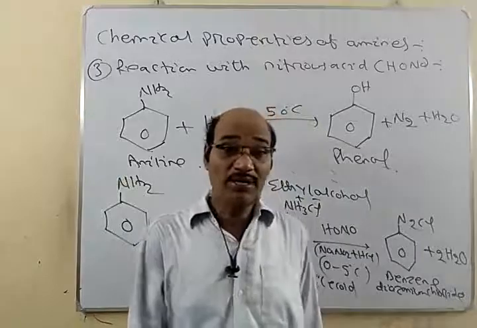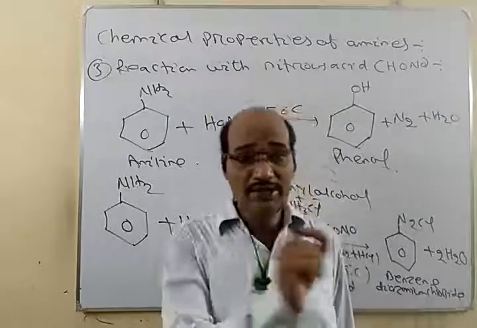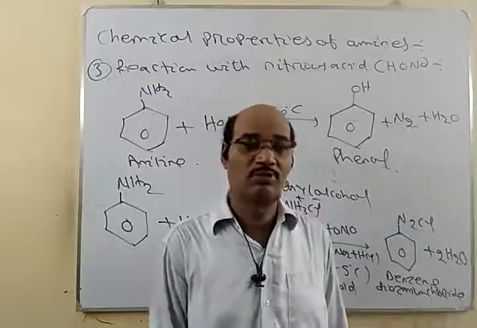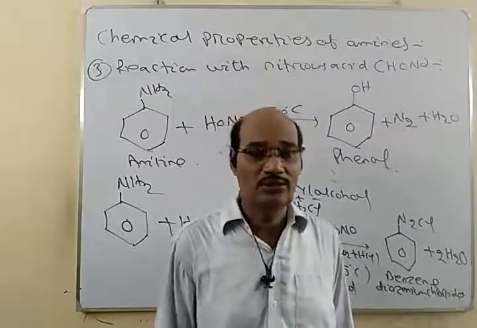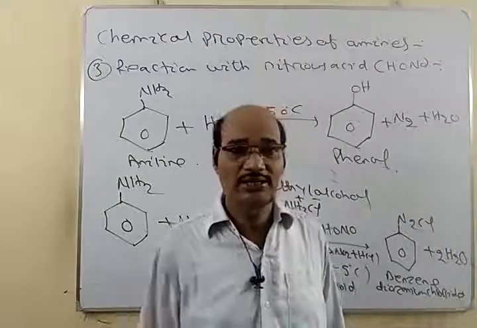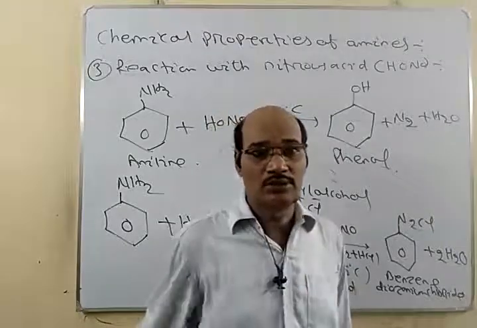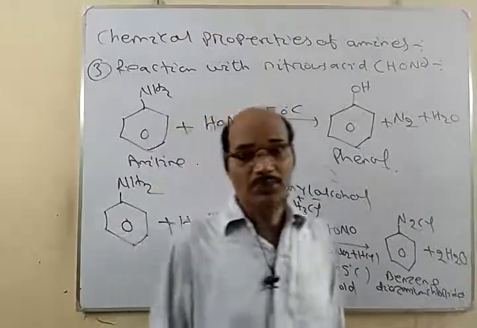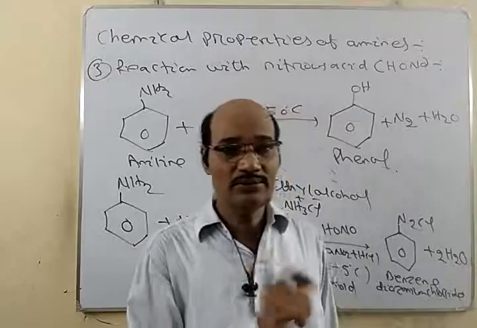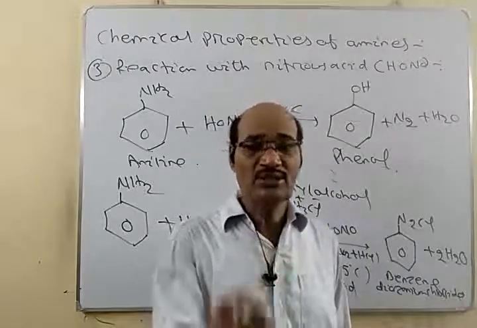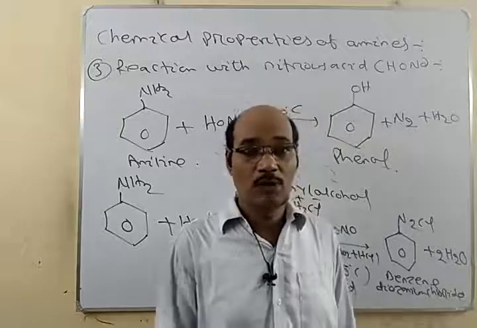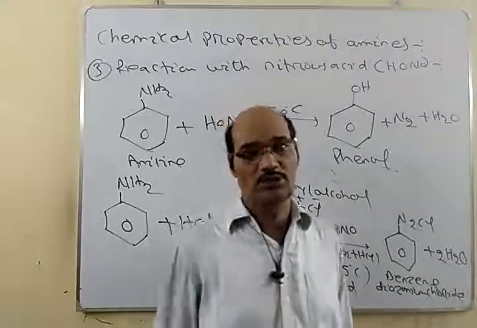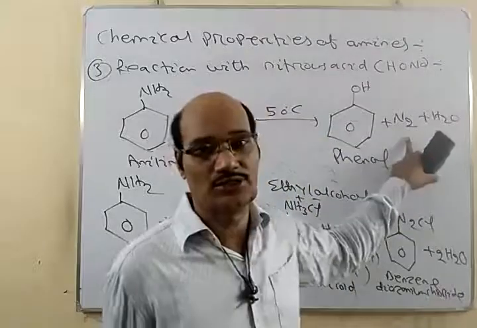If you take a primary aromatic amine, that is aniline, with nitrous acid from NaNO2 and HCl at 0 to 5 degrees centigrade, the ice cold condition, then we get benzene diazonium chloride. If the primary aromatic amine, aniline, is heated with nitrous acid up to 50 degrees centigrade, then we get phenol as the product with the evolution of N2 gas.